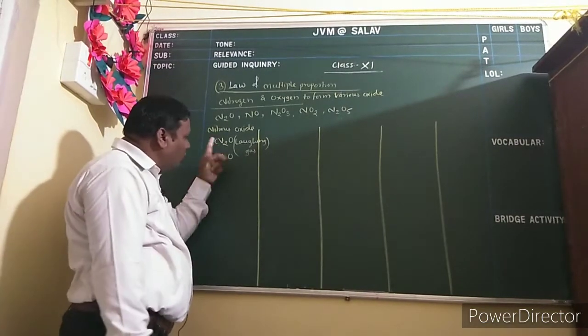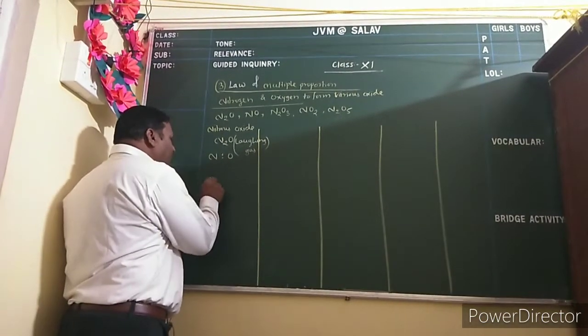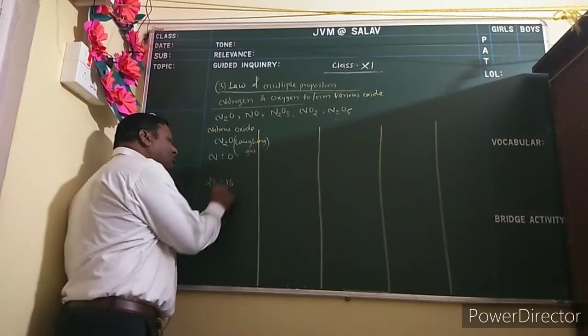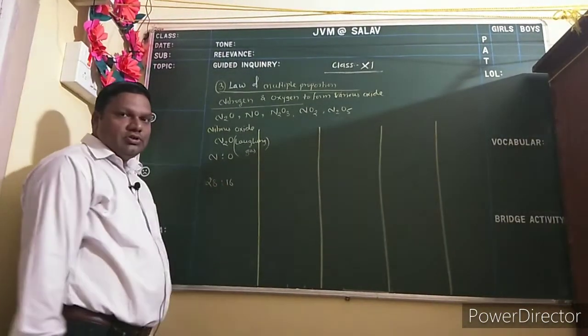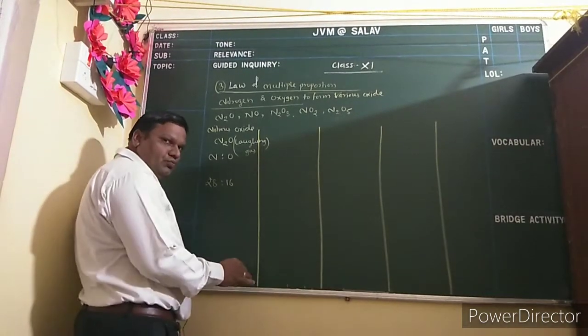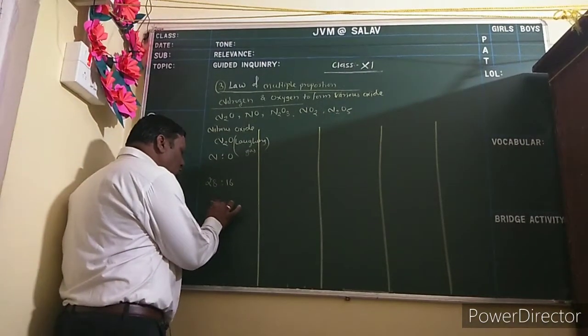So there are 2 nitrogen, so it is 28 to 16. 28 to 16, so what will the simple ratio be? Say it: 7 to 4.